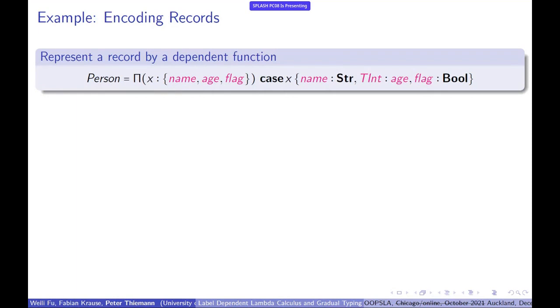Let me mainly proceed by examples, and closer to the end, I will show you some disgusting typing rules, but only like two or three of them, so don't worry about that.